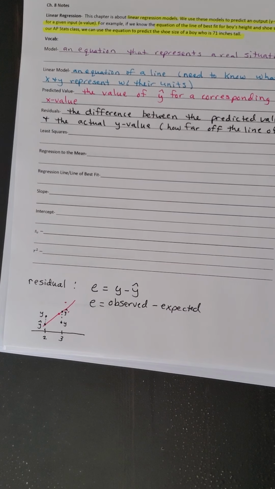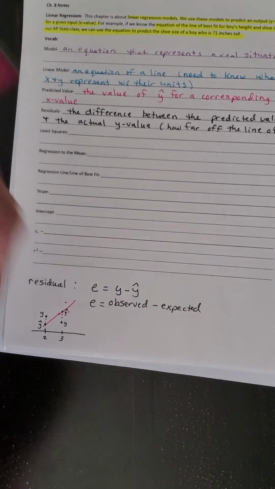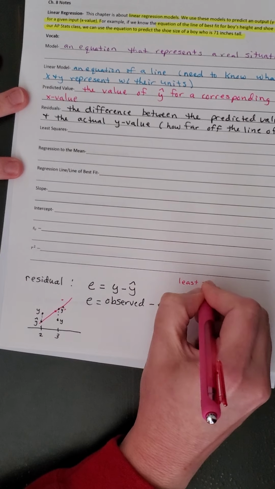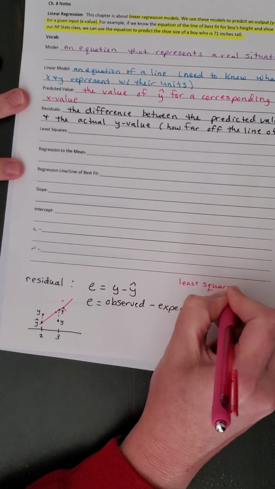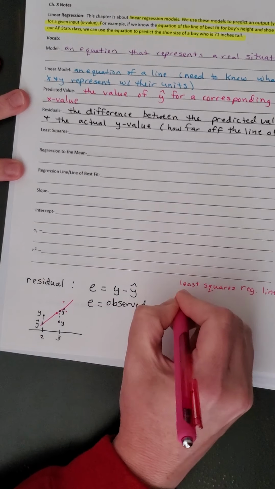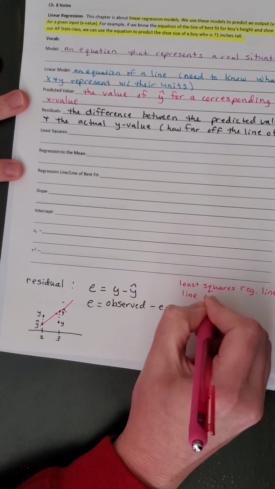Okay, least squares. So they also call the line of fit, I'm going to put in least squares regression line. Another way to say it is the line of best fit or line of fit.